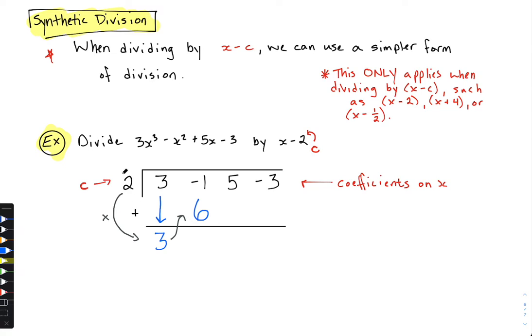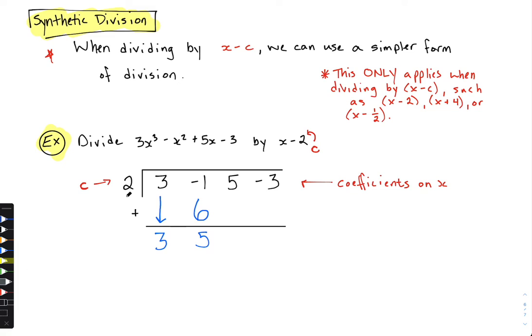Again, I take my c value, 2, times the bottom number, and put the answer in the next space. Then I do what it says: I take -1 and add it to 6, and that gets me 5.